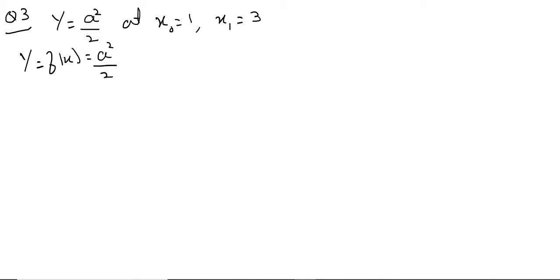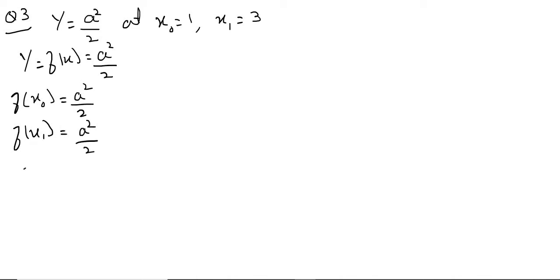Now keep in mind it is a constant function and there is no variable with it. So f of x naught is equal to a square over 2 and will remain as it is because it is a constant function. Again f of x1 is equal to a square over 2.